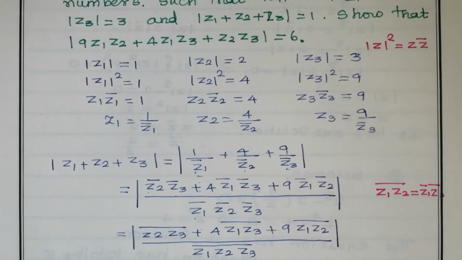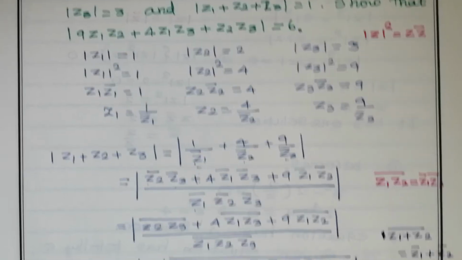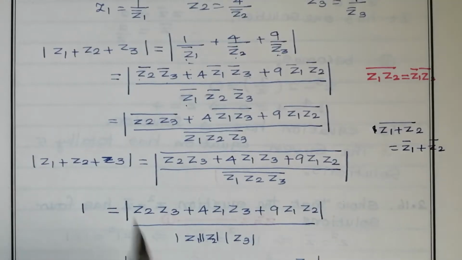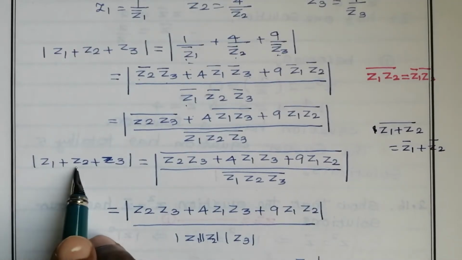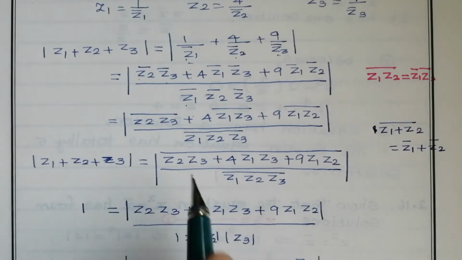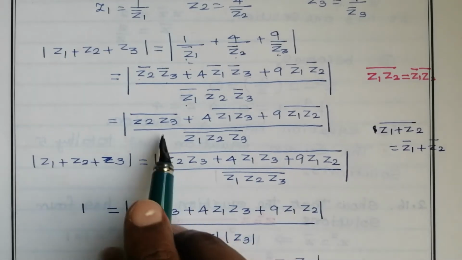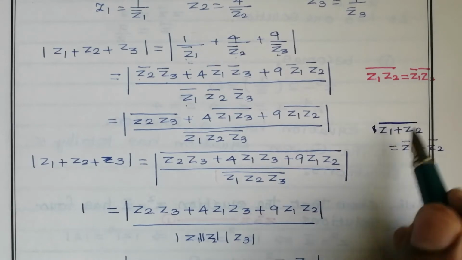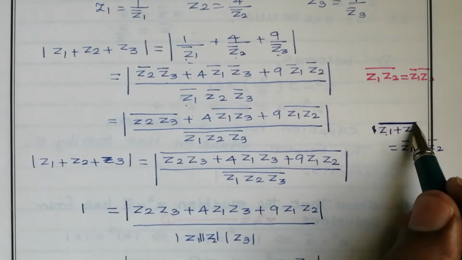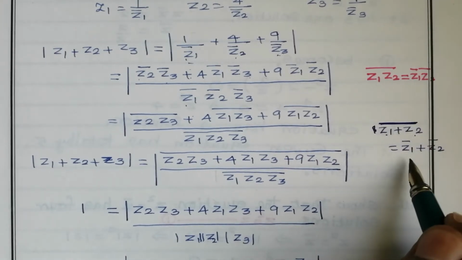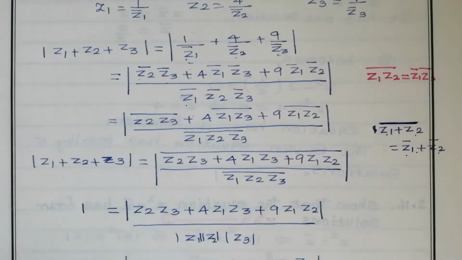Also, Z1 plus Z2 the whole bar equals Z1 bar plus Z2 bar. So the modulus of Z1 plus Z2 plus Z3 is the modulus of its conjugate.